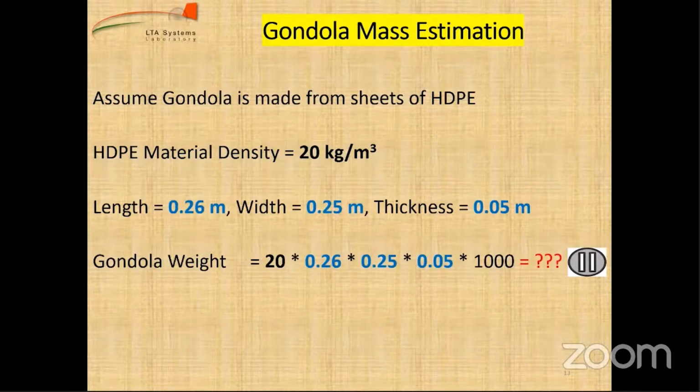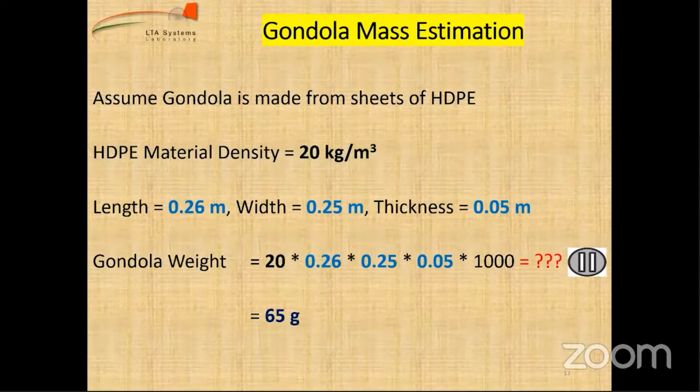So can you do this mathematics and give me the answer? Yeah, 65 grams. So now our gondola weight is 65 grams.